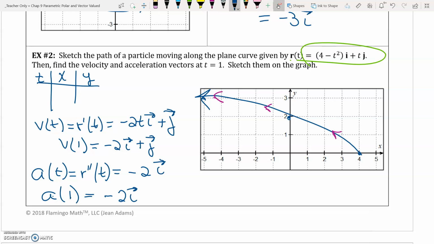So I have this. Now I'm supposed to sketch those. So here is my acceleration. So at the point t equals 1, on the graph, if I substitute 1 here, I'm going to get 4 minus 1, so I'm at 3i plus j. So it's going to be like this.